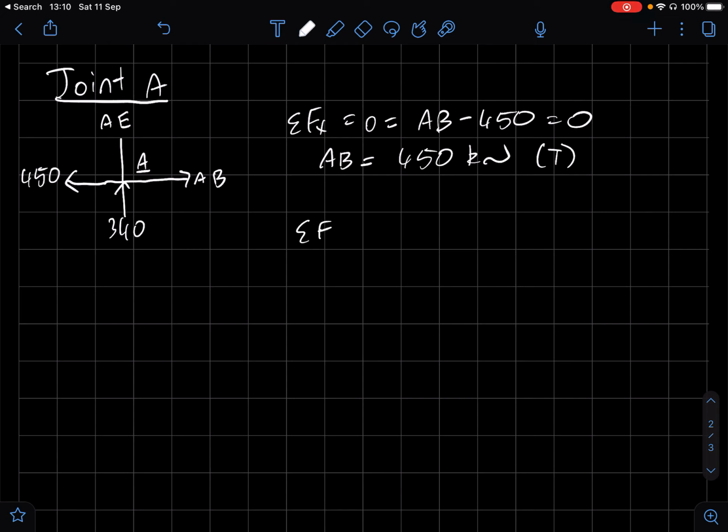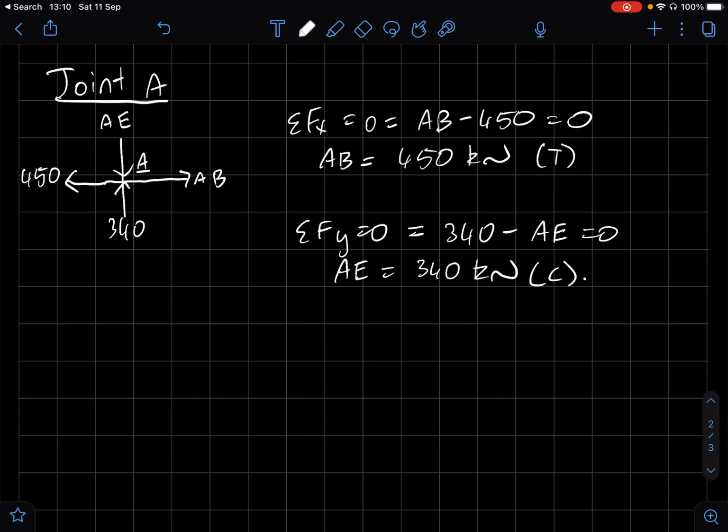Sum of the forces in the Y equals 0, so we have 340 going up. I'm going to assume AE is going down. Process of elimination. And we have AE equals 340 kilonewtons. Compression, because it's acting into joint A. All right, terrific.